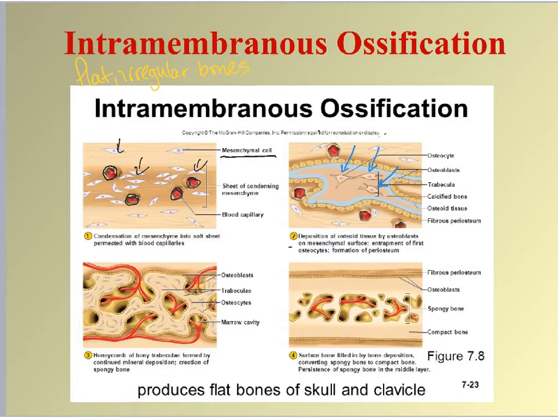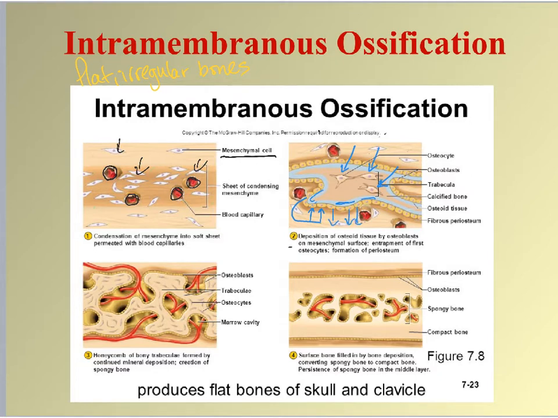And everything that you see here in blue is brand new osteoid that's been laid down by these osteoblasts. So bone advancement, calcification and bone growth will occur in this direction, away from the osteoblasts.